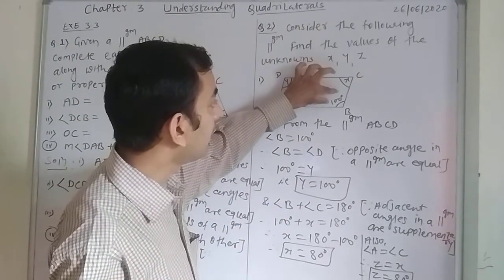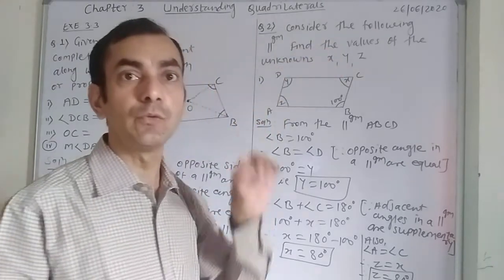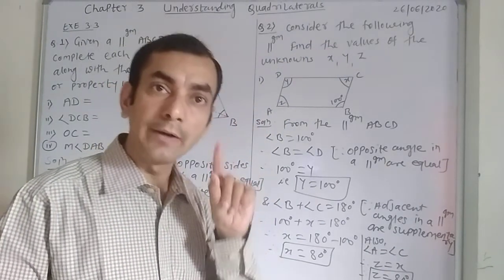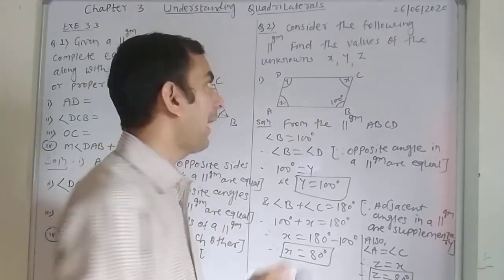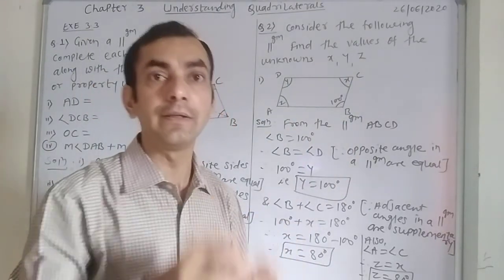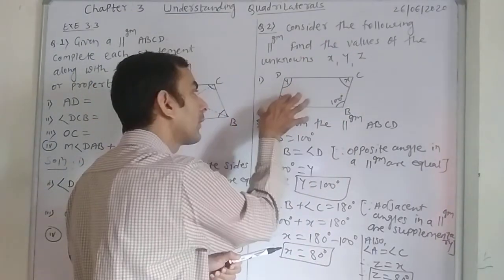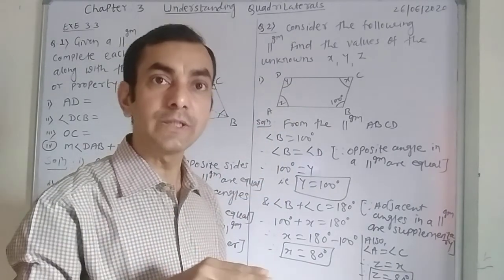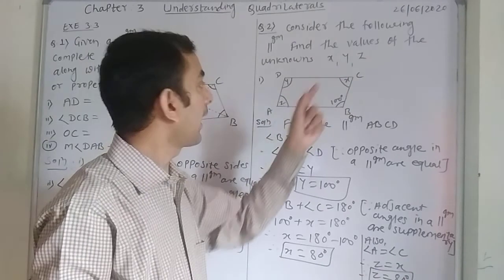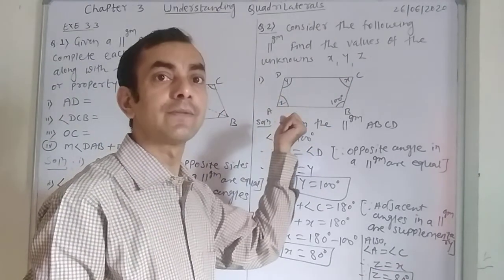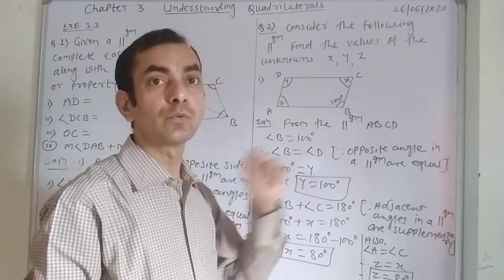Therefore we have to say this 100 degree plus this X equal to 180. Then we have to find out this value of this X. So what value of X will we get? 80 degree. After finding this value of X equal to 80 degree, angle C and angle A both are the opposite angles. These both are opposite angles, therefore here the value of angle Z is also equal to the 80 degree.